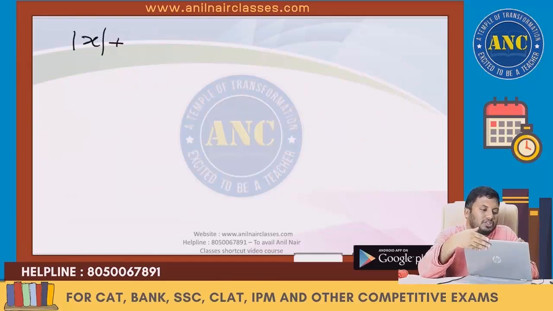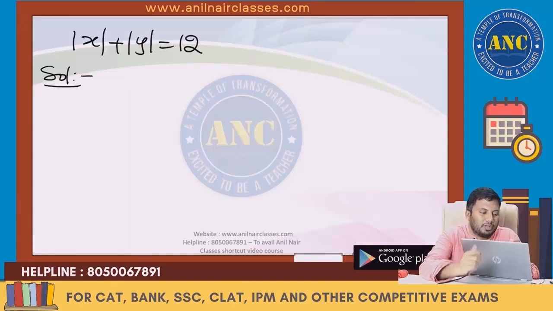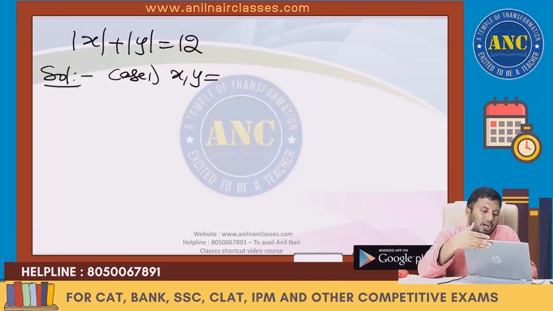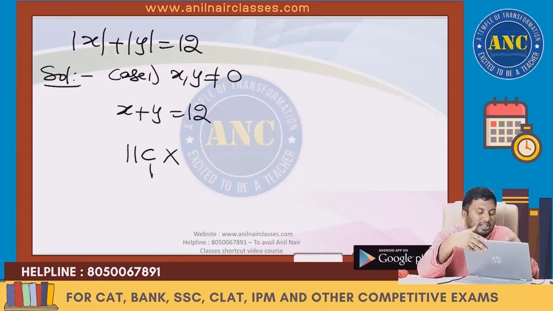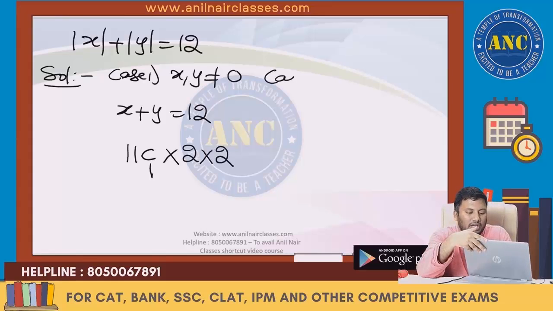mod x plus mod y equivalent to 12. How many integral solutions are there? Case 1. X comma y not equivalent to 0. So if it is x plus y equivalent to 12, answer will be 11c1. X in bracket x, in bracket minus x, y in bracket y, in bracket minus y. Case 2.